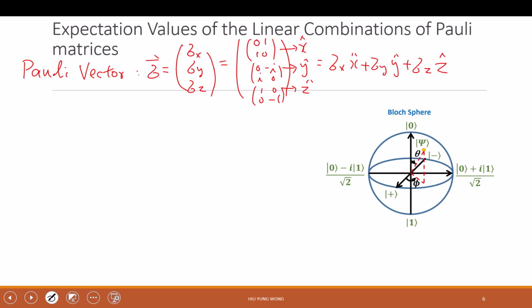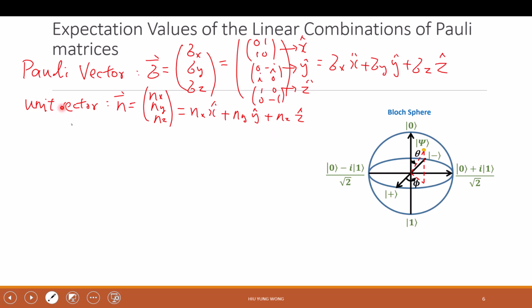And then we define another unit vector, which is n. This is a real 3D space vector that we can see. nx, ny, nz, which means it is nx x hat plus ny y hat plus nz z hat. This one is okay, right? This is easy.